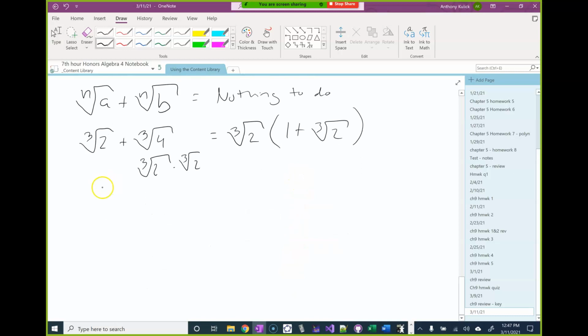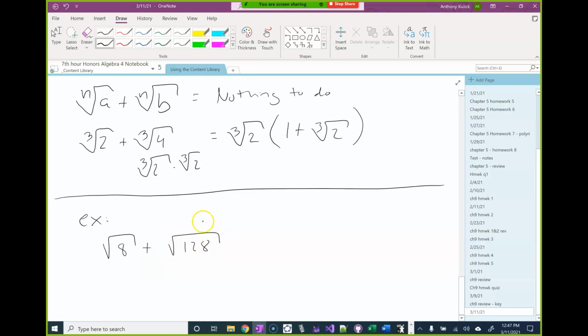So let's look at a couple of examples here. Let's say we have the square root of 8 plus the square root of 128. As they're currently written, can I add these together?